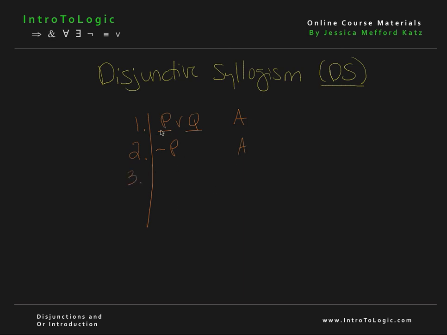So if I have P or Q as my first premise and not P as my second premise, I can use lines 1 and 2 and DS to derive Q. Similarly, if I have P or Q and not Q as my premises, I can derive P using lines 1, 2, and DS.